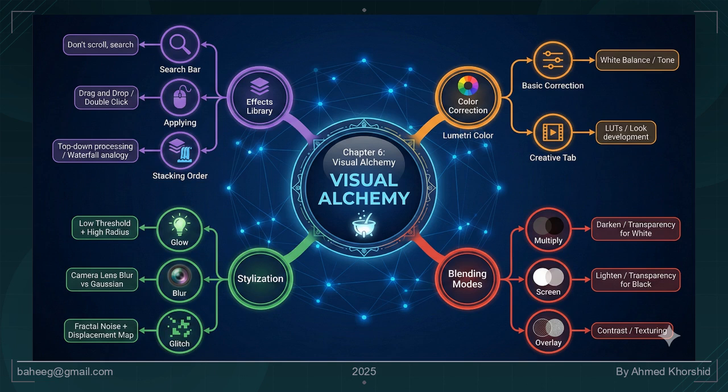Node, Stylization: subnode, Glow, low threshold plus high radius; subnode, Blur, camera lens blur vs Gaussian; subnode, Glitch, fractal noise plus displacement map. Node, Blending Modes: subnode, Multiply, darken, transparency for white; subnode, Screen, lighten, transparency for black; subnode, Overlay, contrast, texturing.